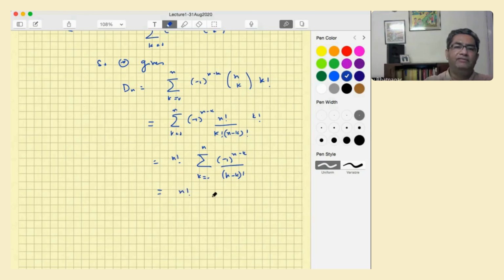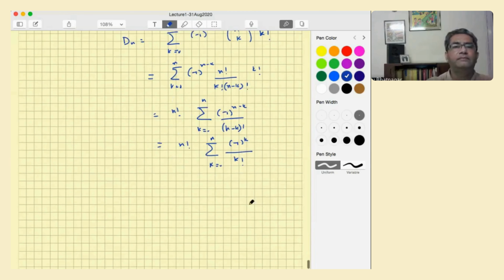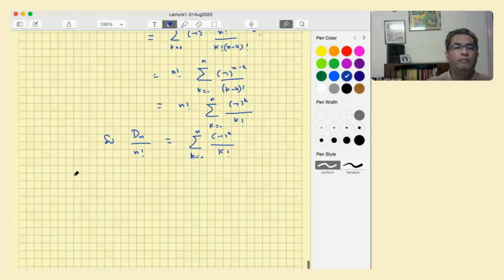And this is n factorial, and I can reverse the sum and write it like this. So Dn over n factorial is equal to this. So this solves Montmort's problem.